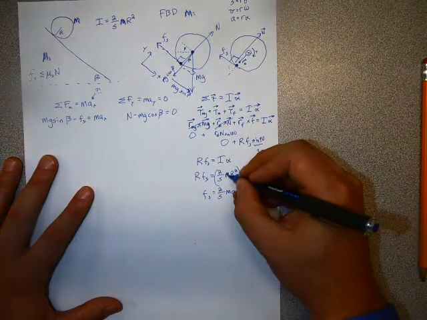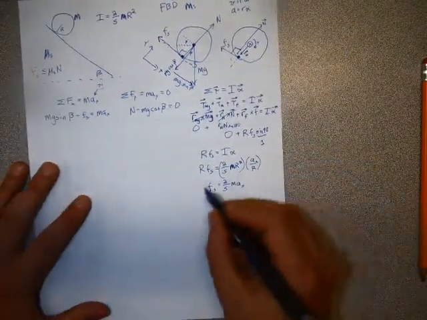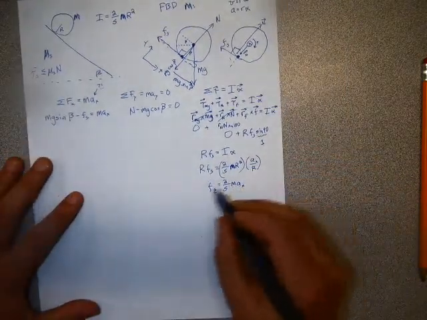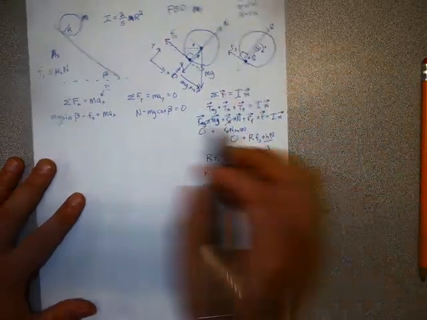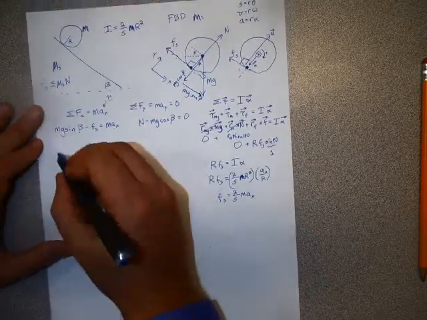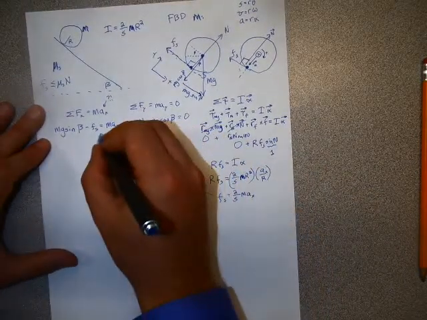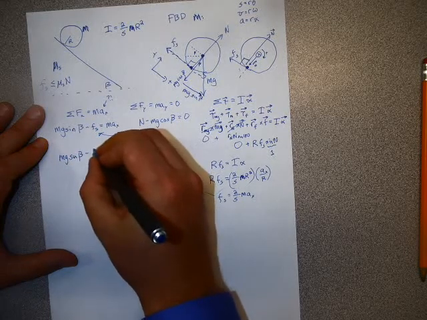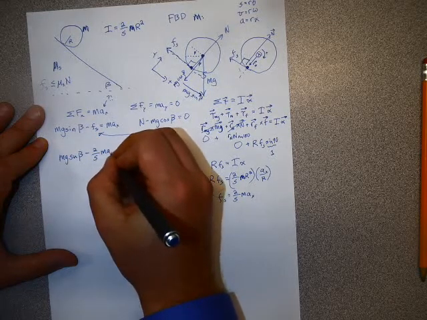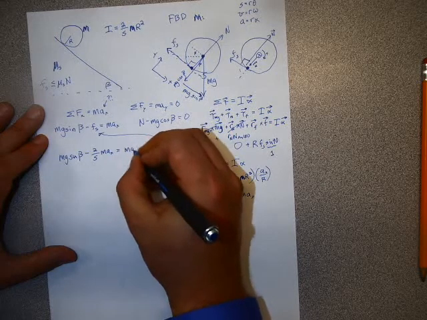All right, so now we've found the friction force is related to the acceleration using this angular piece, and that is what we're going to go back into here. So this comes in here: m g sine beta minus 2/5 m a_x must be equal to m a_x.